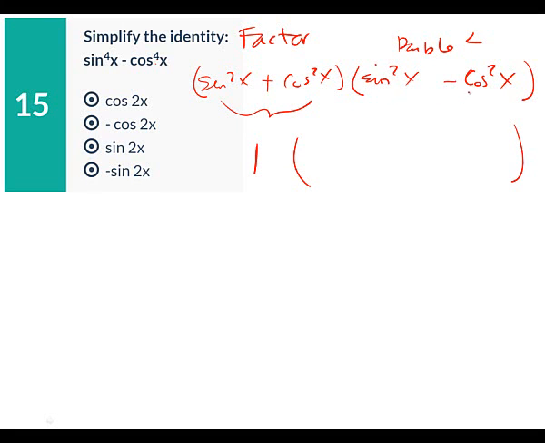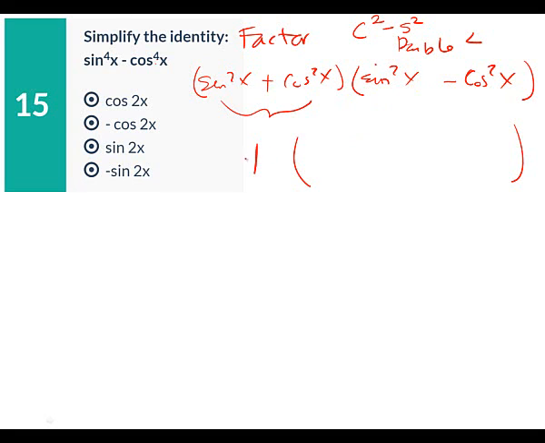Does this look exactly like the cosine one? Are you sure it looks exactly like the cosine one? What does the cosine one say? Cosine squared minus... Could I turn it into something that looks like that?